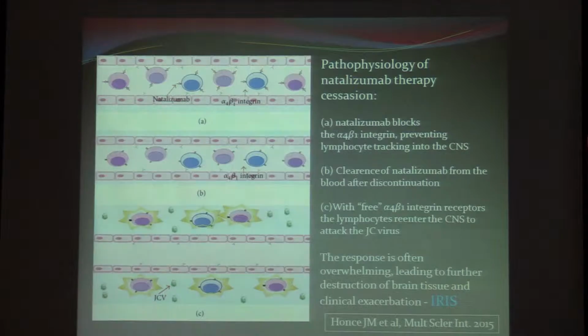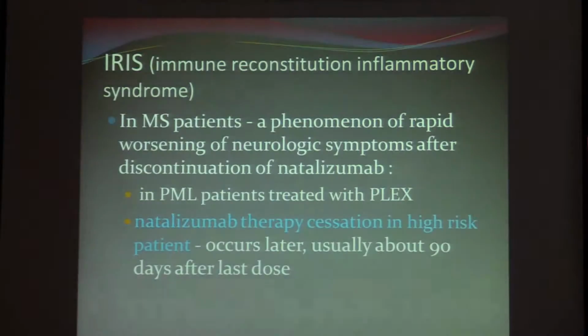And this is number 2 of our differential diagnosis, IRIS, immune reconstitution inflammatory syndrome. In MS patients, it's a phenomenon of rapid worsening of neurologic symptoms after discontinuation of natalizumab.